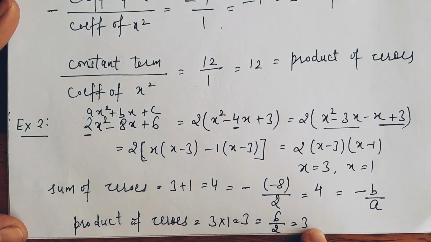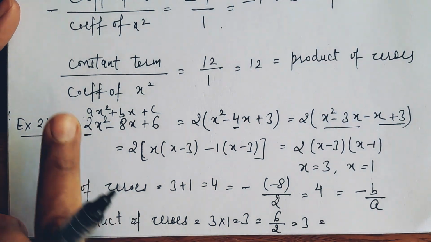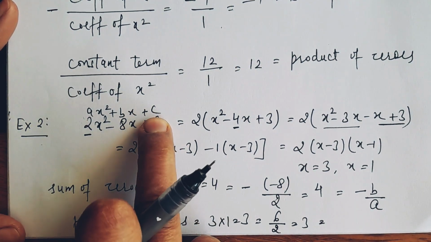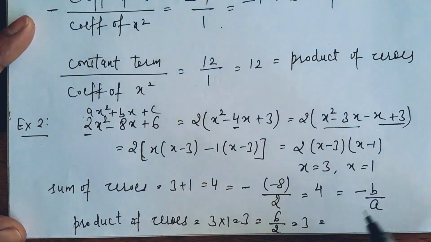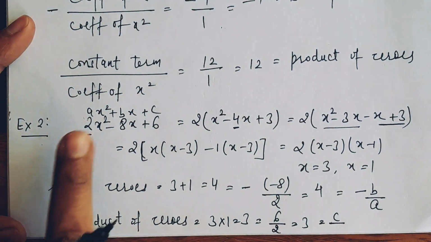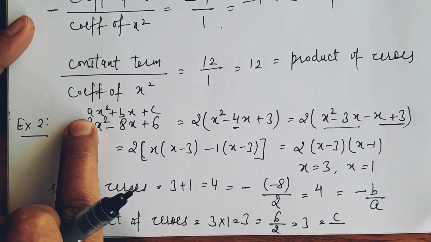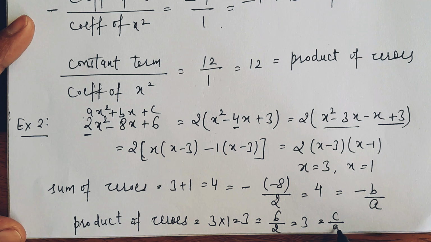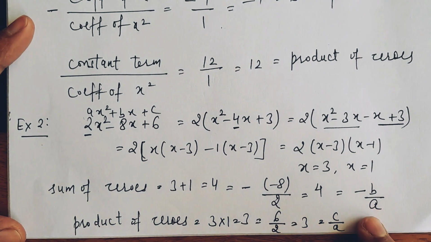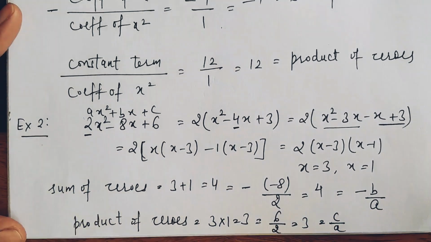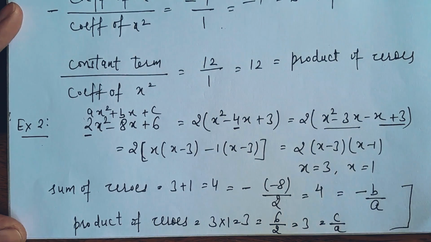That is also verified. Now the constant term can be written as c and the coefficient of x square is a in the general term. So the product of zeros is c by a and the sum of the zeros is minus b by a. So this becomes a rule.